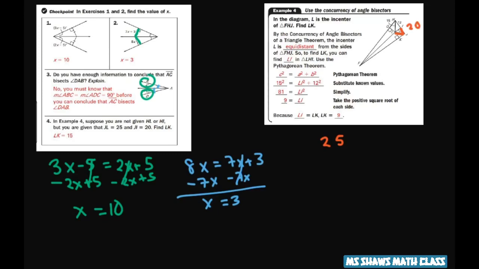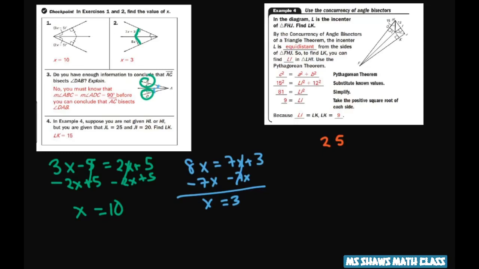Find LK. So we got to find this side. So we know that these parts here are congruent. So let's just erase this. I should have made this bigger.